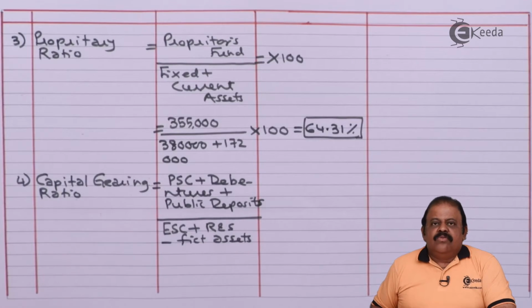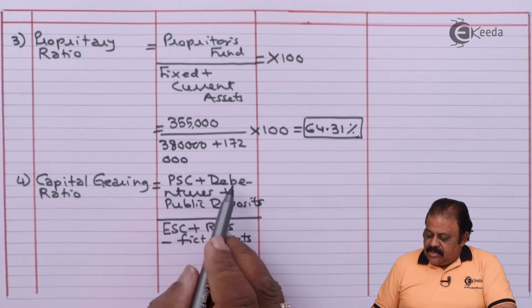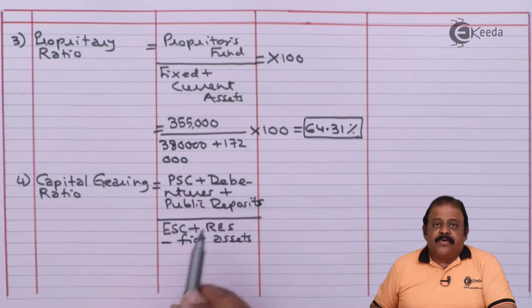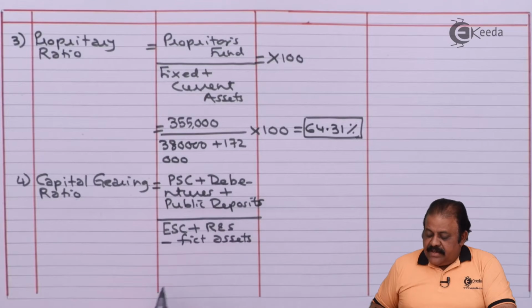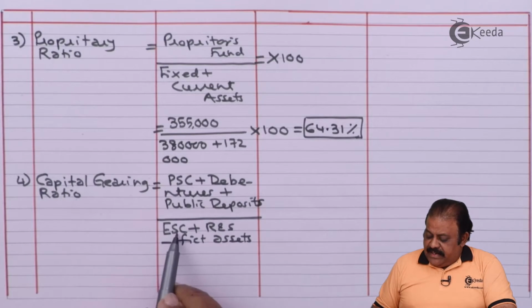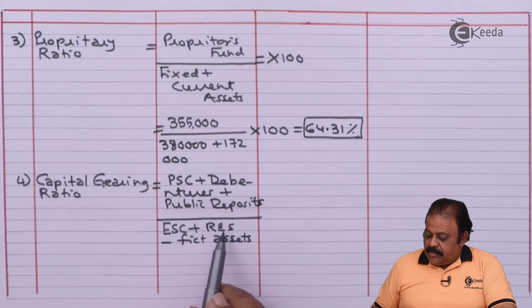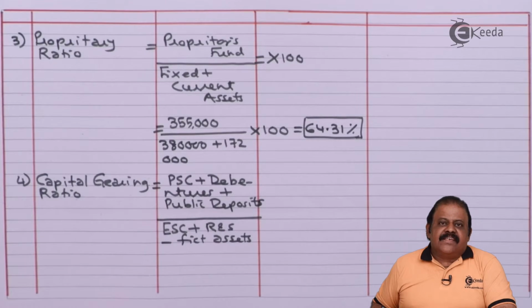Capital gearing ratio. Capital with fixed income, preference share capital plus debentures plus public deposits divided by equity shareholders fund, equity share capital plus reserves and surplus minus fictitious assets.